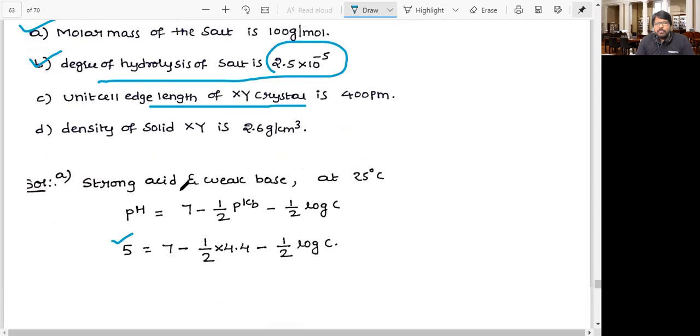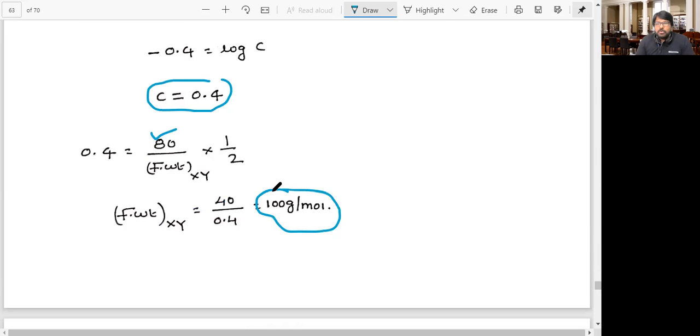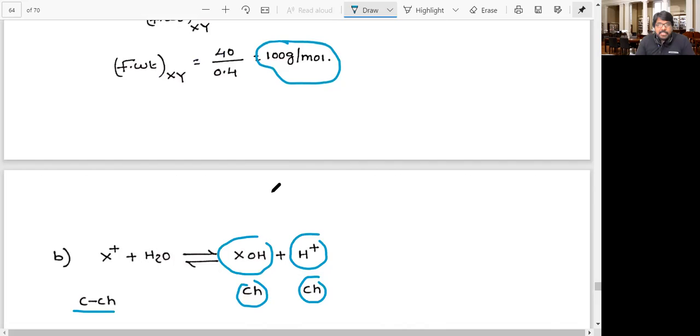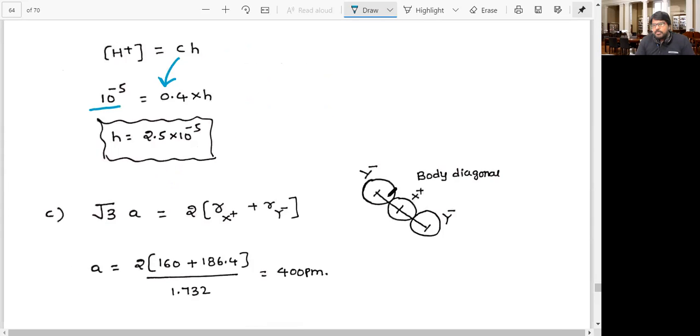And after that, density. Which solid did he say? Cesium chloride type. And the cation is smaller in size according to the data. Since it is cesium chloride, I have taken the body diagonal. So this is the corner, and this is the body center. And this body diagonal is equal to root 3 a, which is 2 times the radius of cation plus the radius of anion.